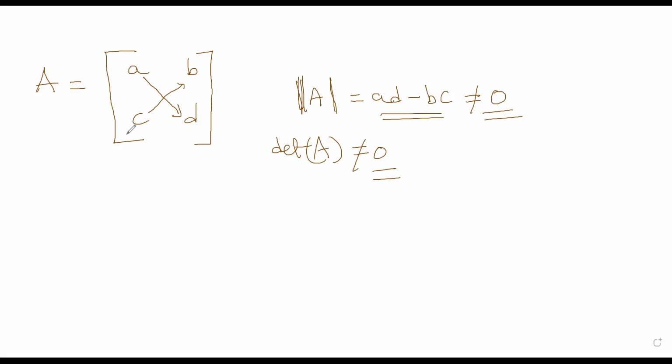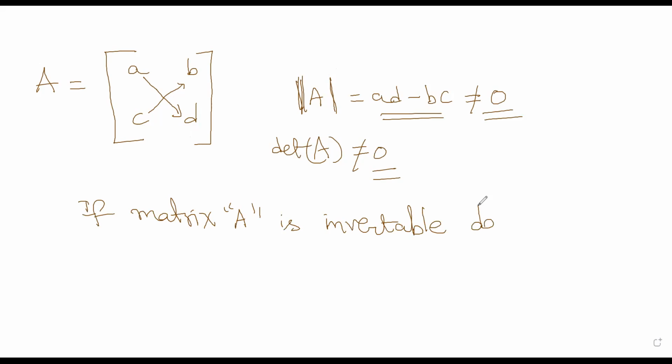If the matrix A is invertible, det A should not be equal to 0.